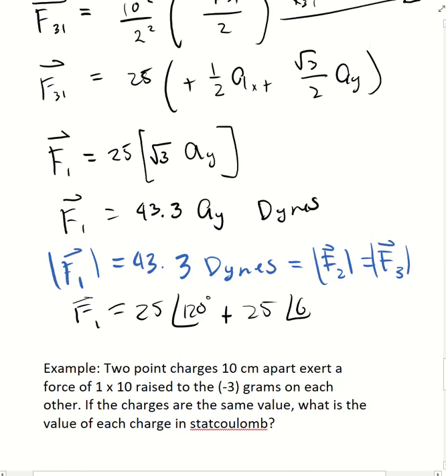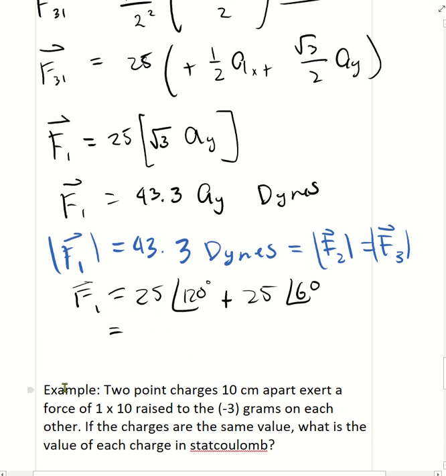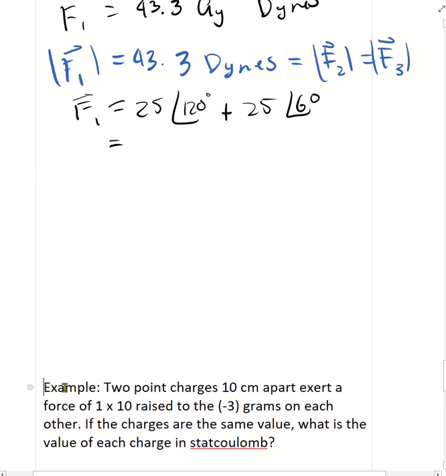25 angle 60. Then if you use your calculator to solve this, it's obvious that the angle should be 90 degrees because it's going upward.